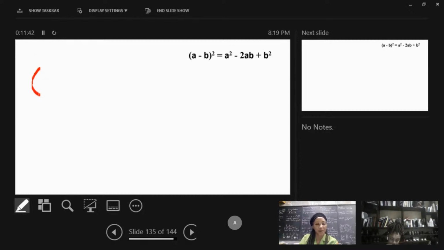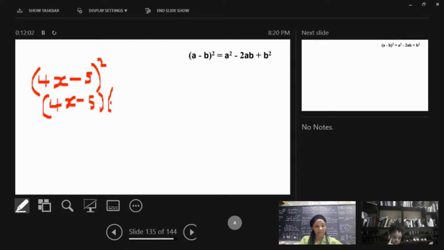So let's say we have 4x minus 5 squared, which we know that this means 4x minus 5 times 4x minus 5 because we're squaring it, we're multiplying it by itself, which expands.